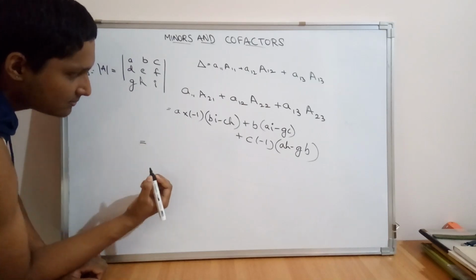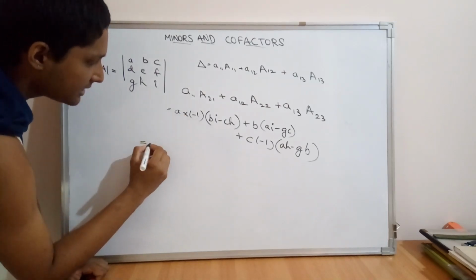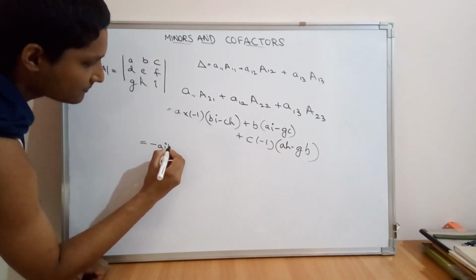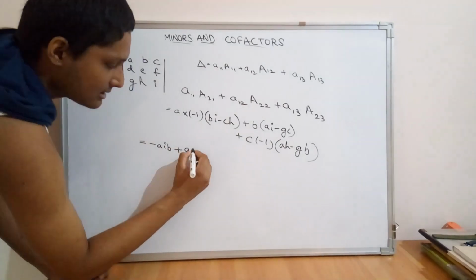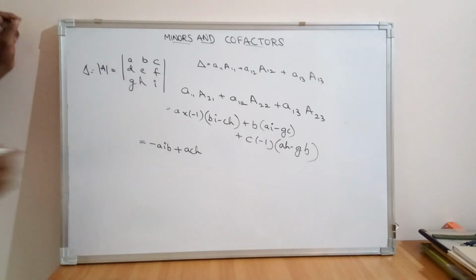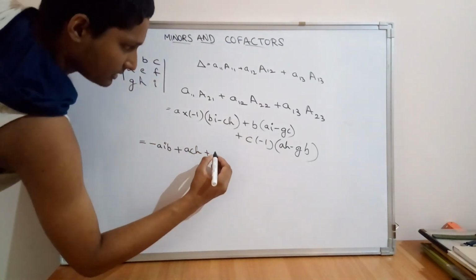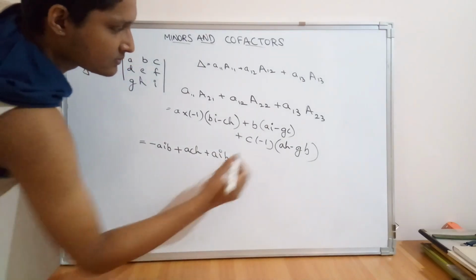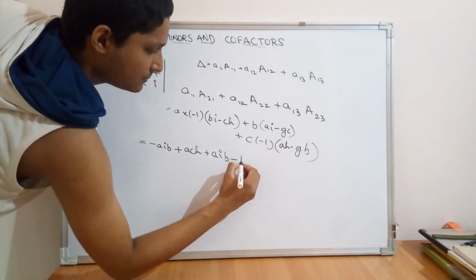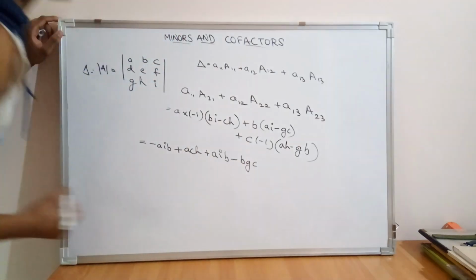So maybe a simpler term, minus aib, minus of minus is plus, then ach. Okay, then you have plus aib minus bgc.